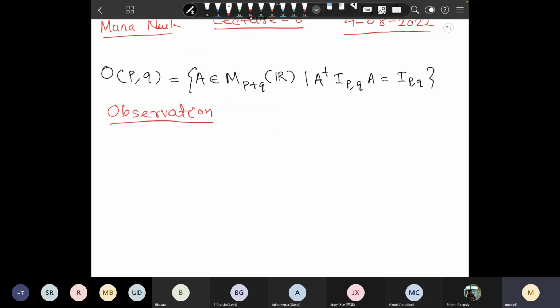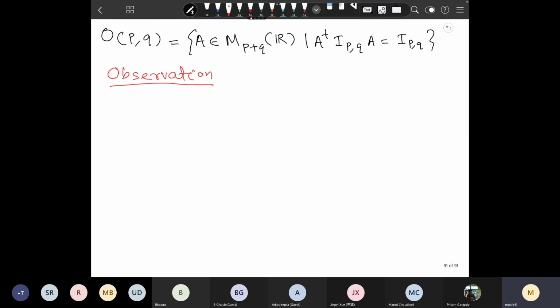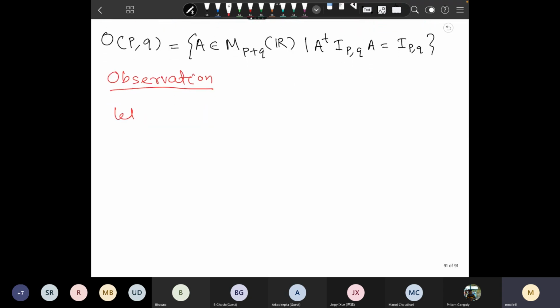See, this is the definition of O(p,q): the set of A belonging to M_{p+q}(R) such that A transpose I_{p,q} A is equal to I_{p,q}. Observation: let A be a diagonal matrix, something like lambda 1, lambda 2, up to lambda p+q, where each lambda i is equal to plus or minus 1.